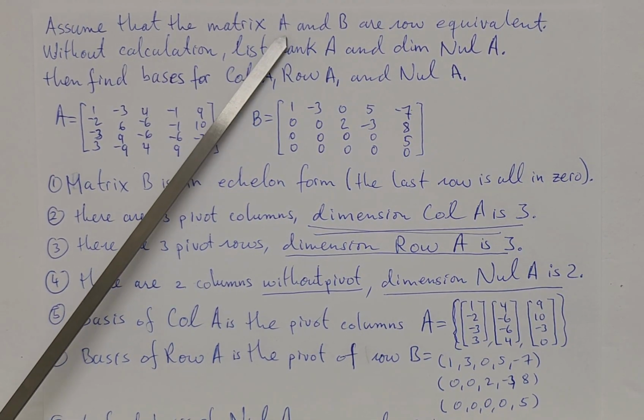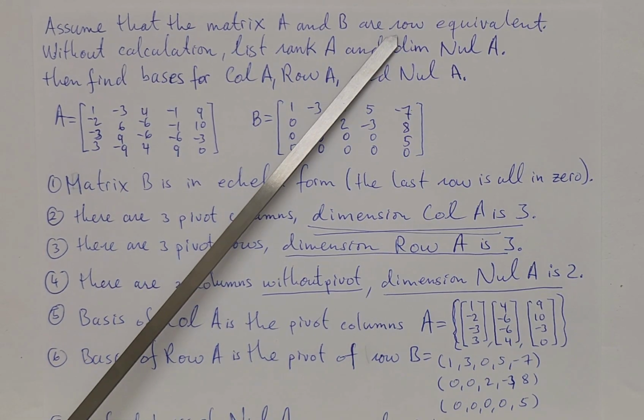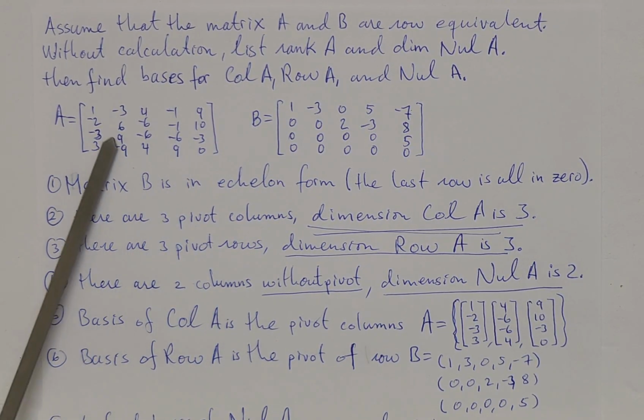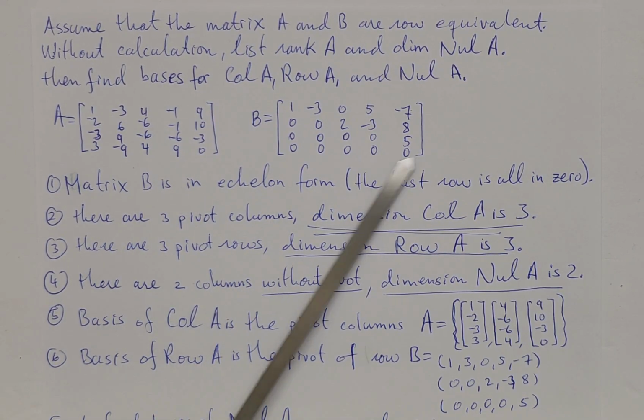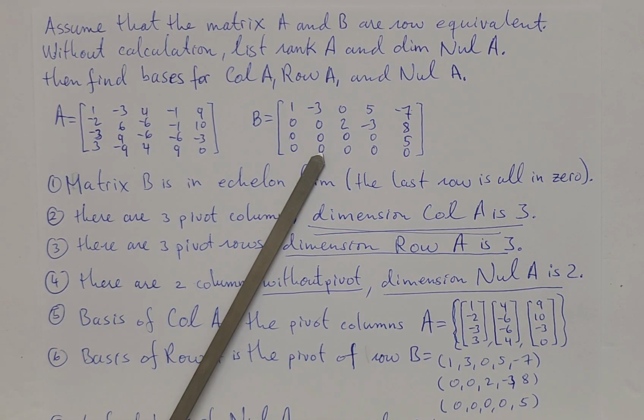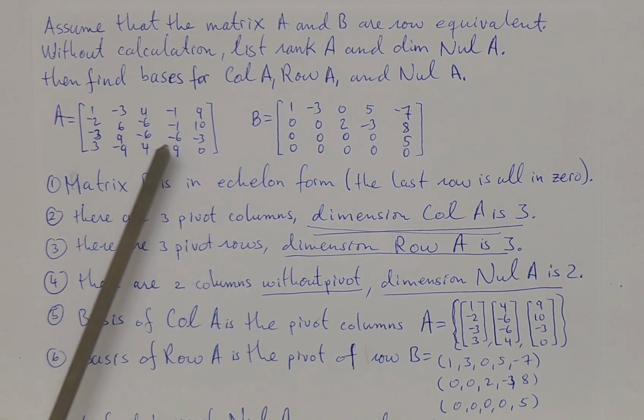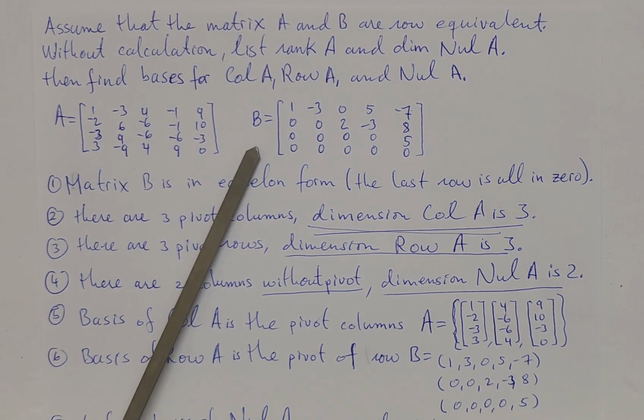When it says A and B are row equivalent, that means A is the original matrix, and B is the solution or answer from A after row operations.